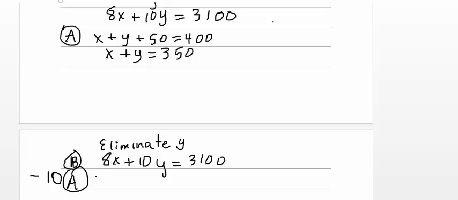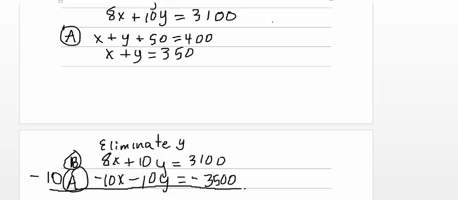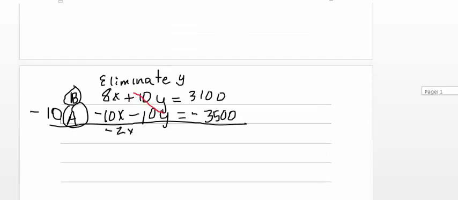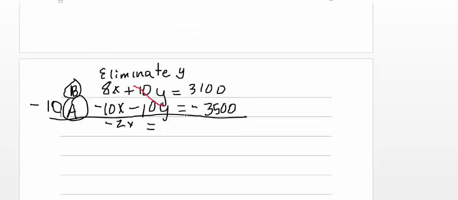So equation A multiplied by negative 10 gives me negative 10x minus 10y equals negative 3,500. Now I'm going to add these two together. The y's are going to drop out of the problem, and this will allow me to solve for x. So I get negative 2x equals 3,100 plus negative 3,500, which is negative 400. Dividing both sides by negative 2 gives me x equals 200.